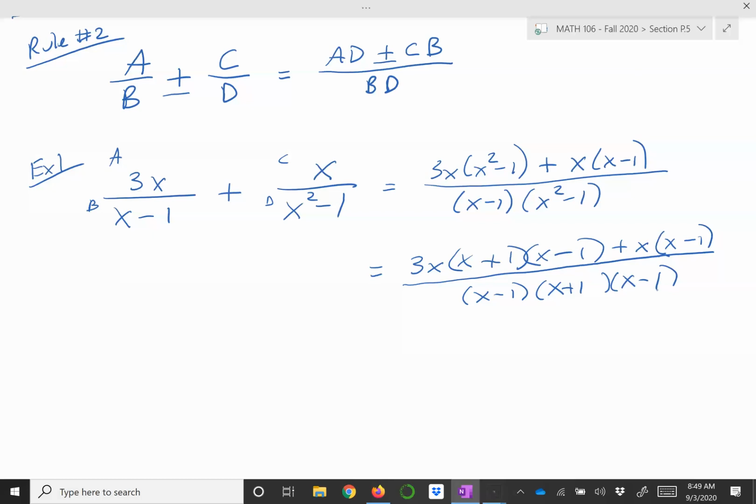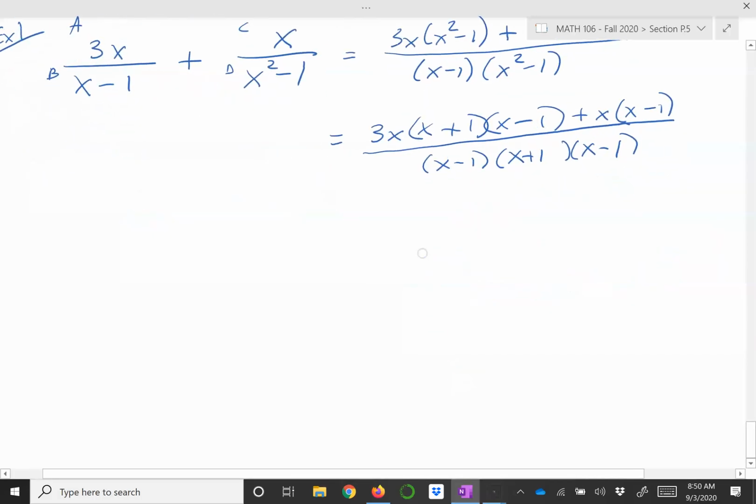So far, so good? Okay. Now you have these terms in both the numerator and the denominator. Let's look at the numerator first, because we're not going to change much in the denominator right this second. Right, that's already fully factored.